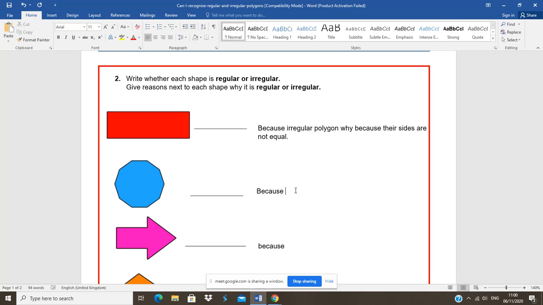So the other figure, okay? What do you think about that figure? Is it regular or irregular? Regular, okay? Why is it regular?